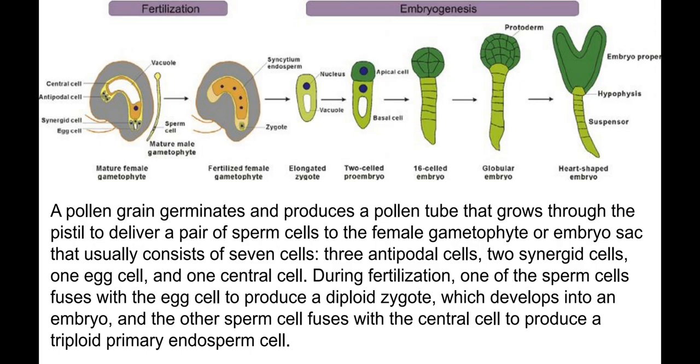Now we have development of the embryo. The first stage is fertilization, and the next stage is embryogenesis. After fertilization of two cells, the egg cell and the central cell, the embryo develops and grows, but it does not germinate. It does not develop into the plant.